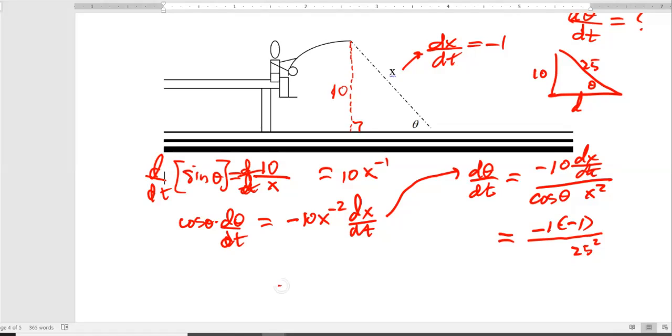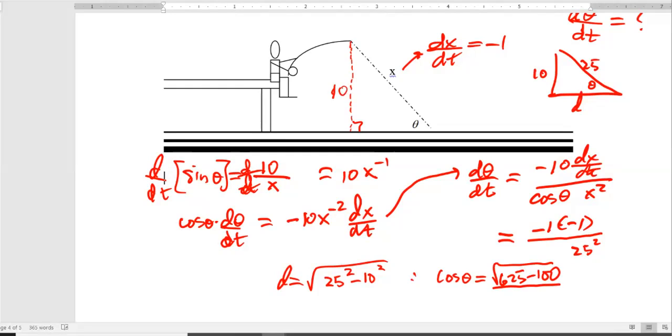Now, there's a couple ways you could do this. You could calculate the d. d would be equal to the square root of 25 squared minus 10 squared. And once you have that, you can find that the cosine of theta would be equal to that number over the 25.